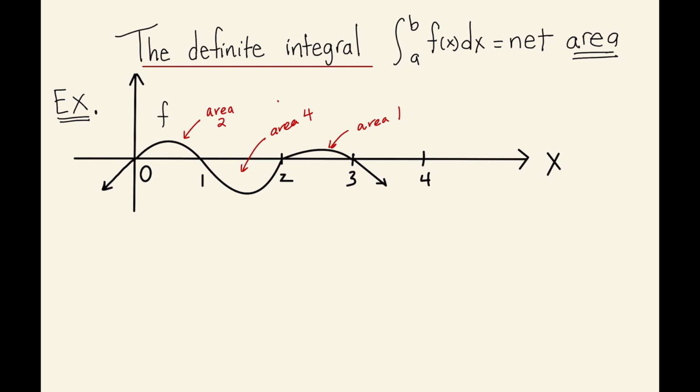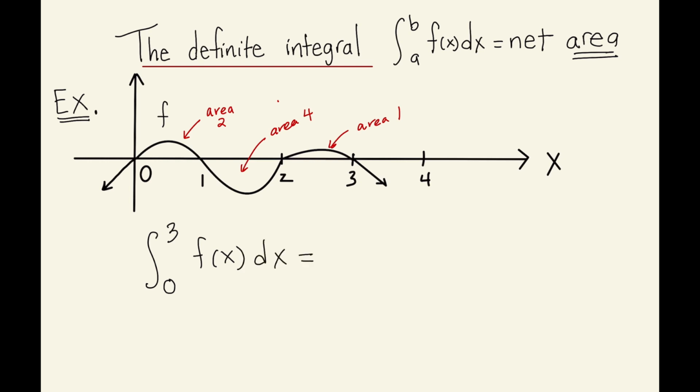Now, if I wanted to calculate the definite integral from x equals 0 to x equals 3, so that's from here to here, of my function f, as I said, this is net area.